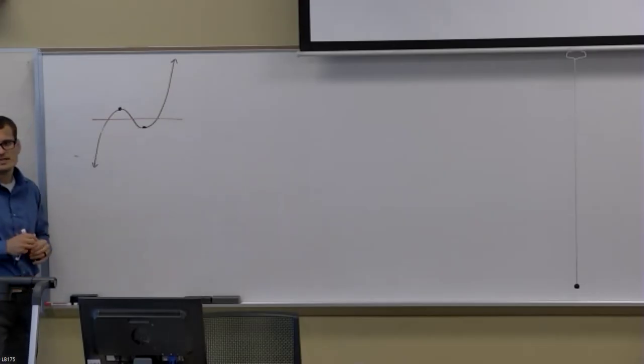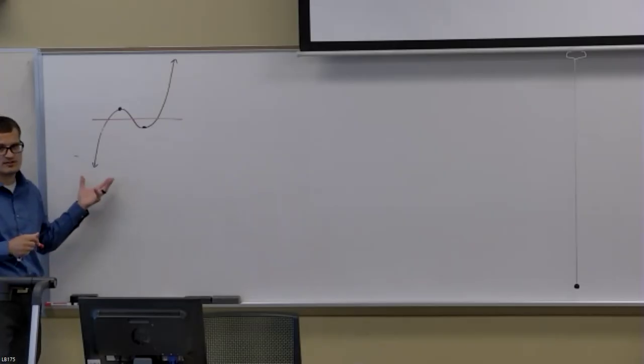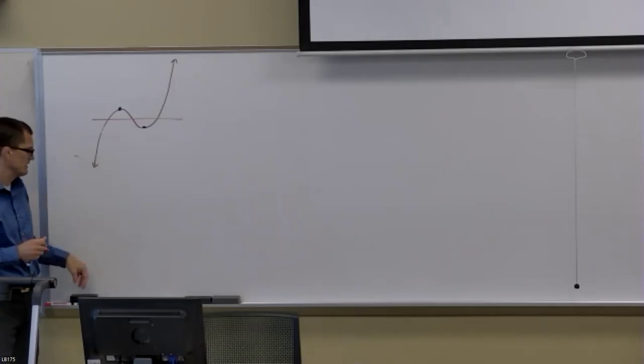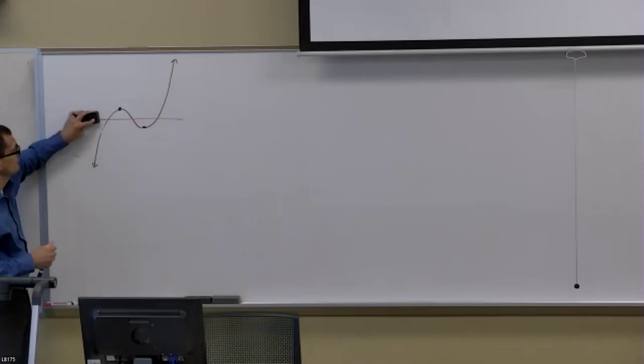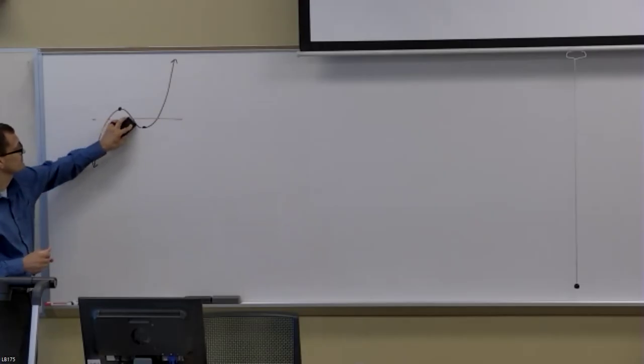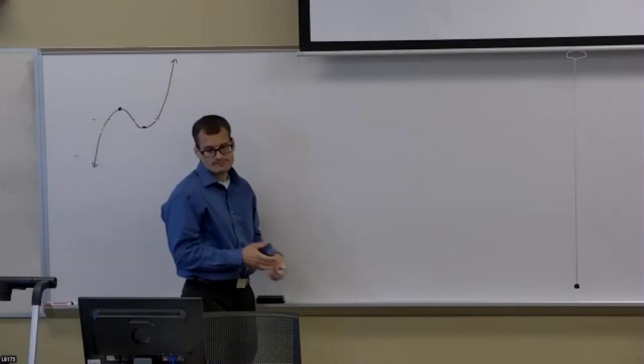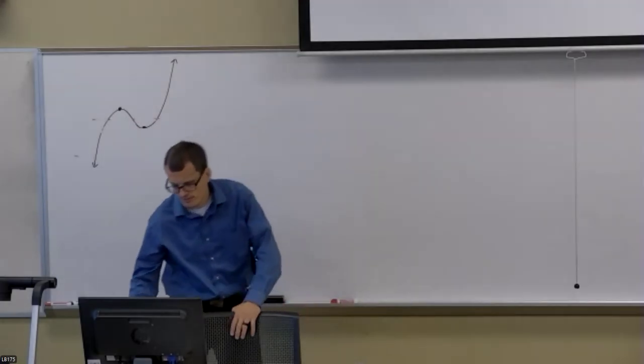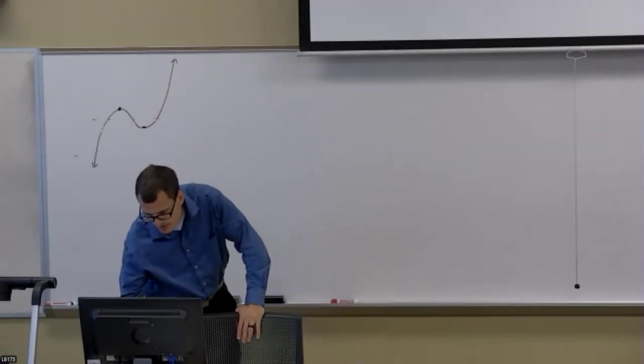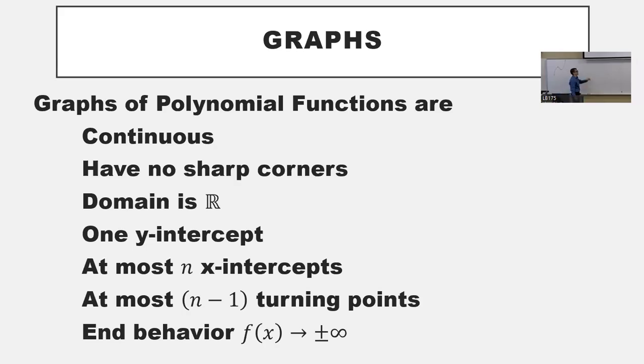So it always has to cross the x-axis at least 1 spot. But in this case, it could cross at 1, 2, or 3 spots. So that's what we're talking about when we're talking about x-intercepts.